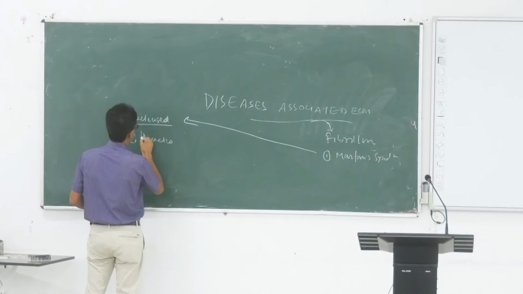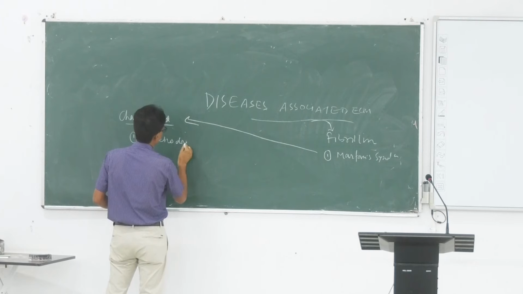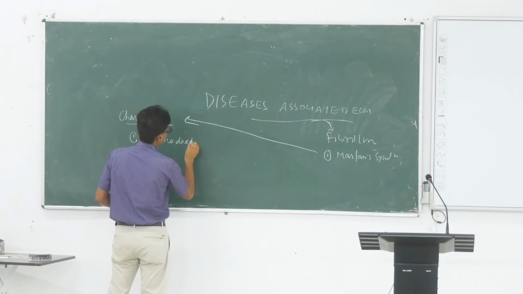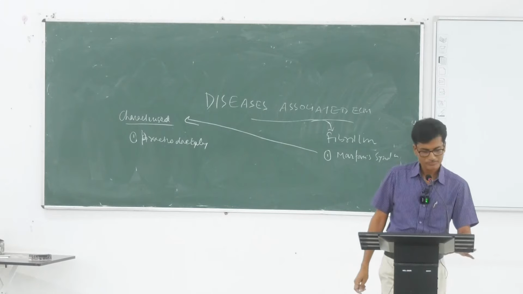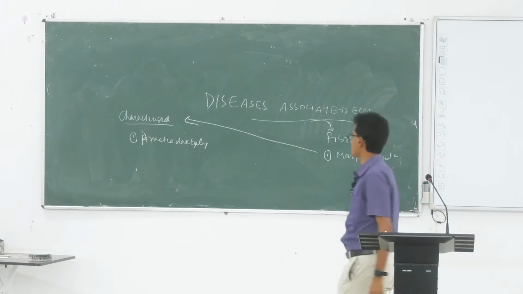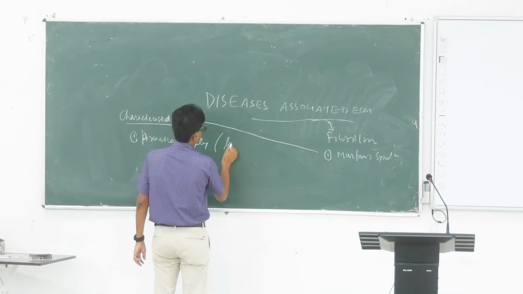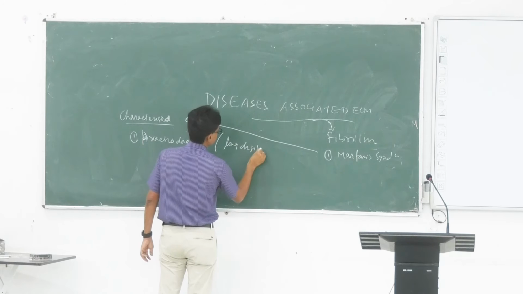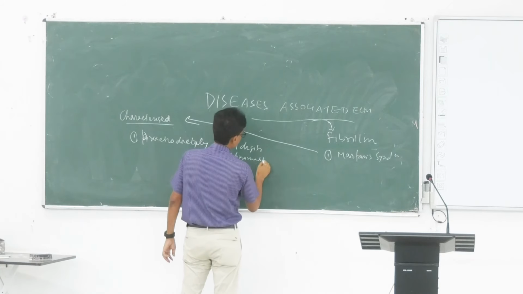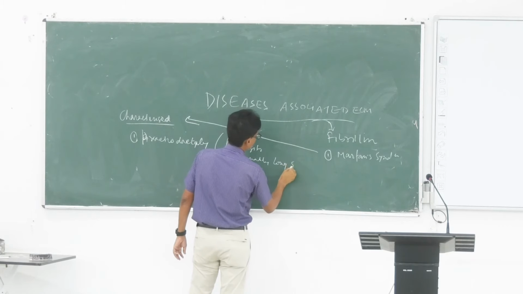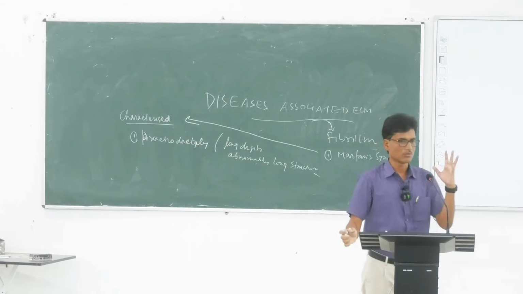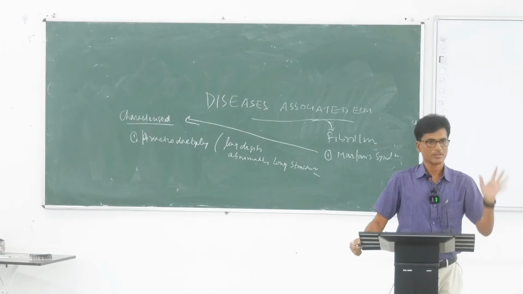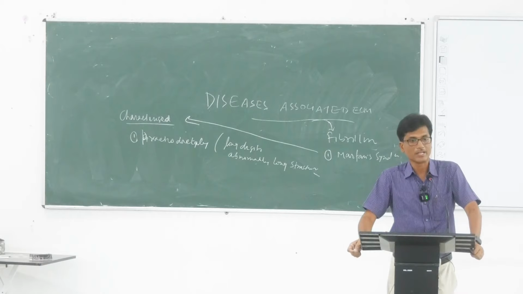Arachnodactyly, long digits. Arachnodactyly, ডিজিটগুলো বড় বড় হবে, ঠিক আছে, structure will be long. নেক্সট হচ্ছে ইক্টোপিয়া লেন্টিস.